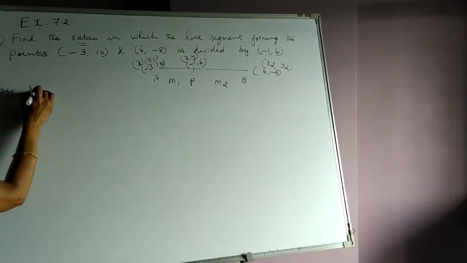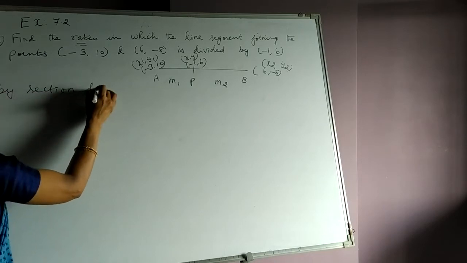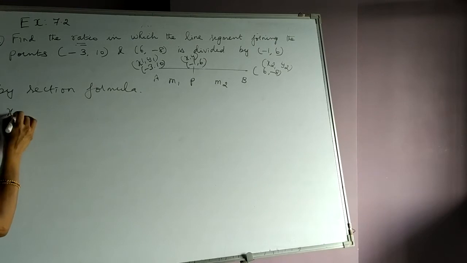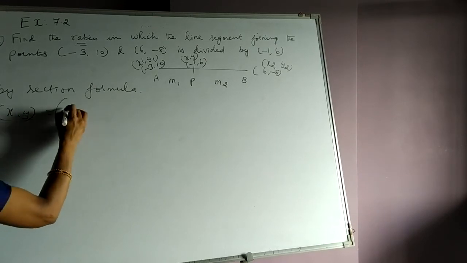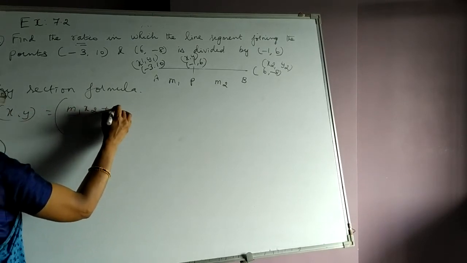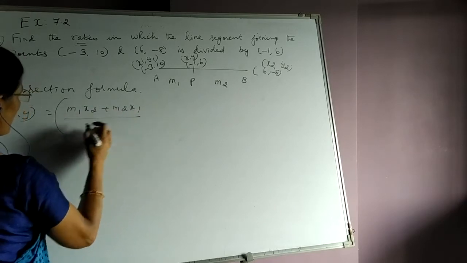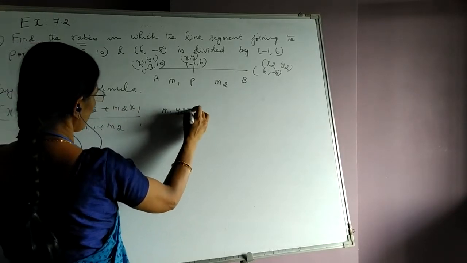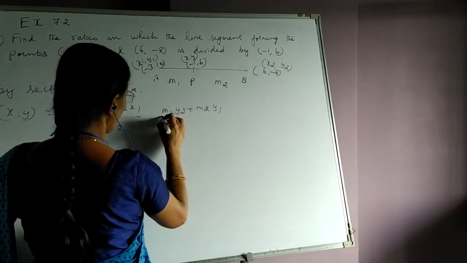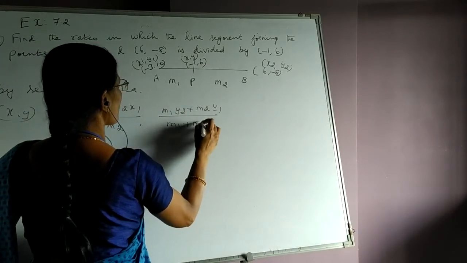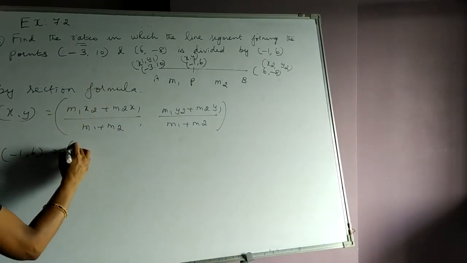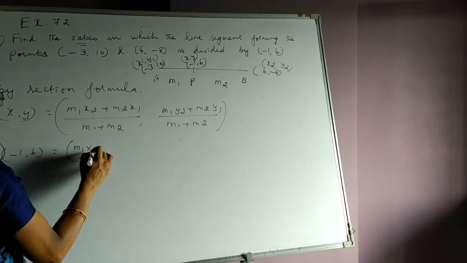Therefore, by the section formula, the coordinates of P are (m1 x2 + m2 x1) upon (m1 + m2), (m1 y2 + m2 y1) divided by (m1 + m2). So xy is given. So I substitute the values of xy. m1 we are asked to find out.